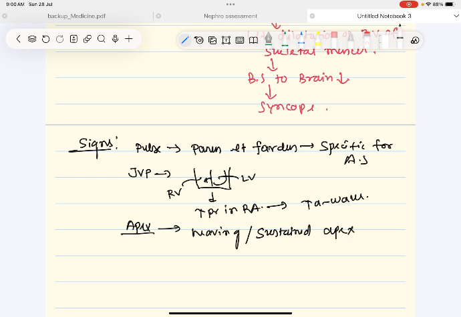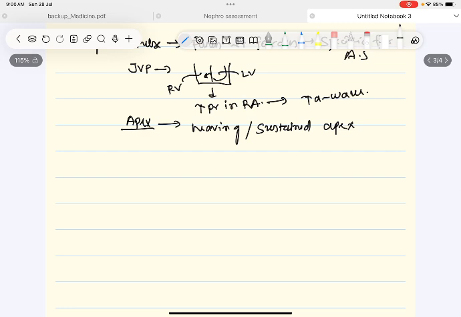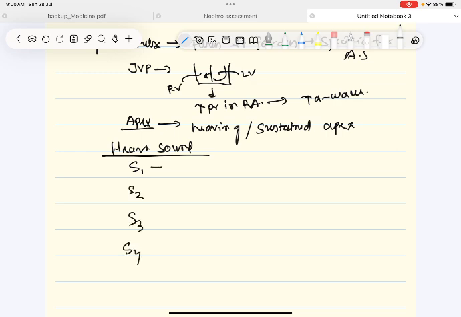Sustained apex is present in aortic stenosis. And coming to the heart sounds, S1, S2, S3, S4. S1 is soft in aortic stenosis.